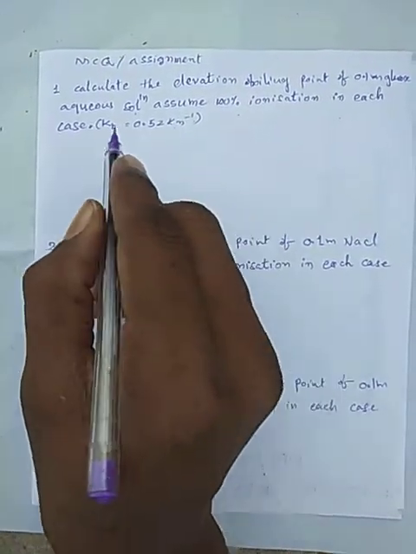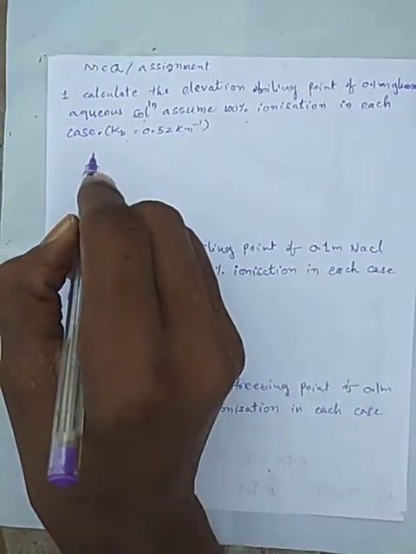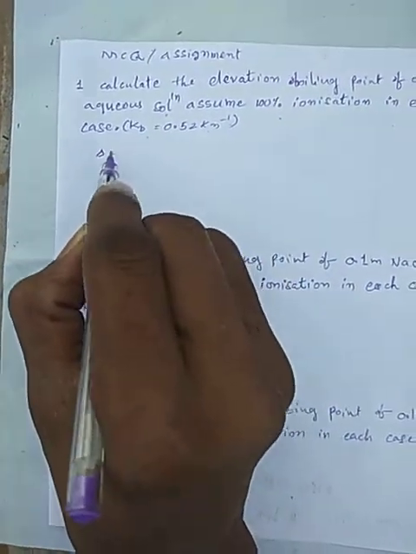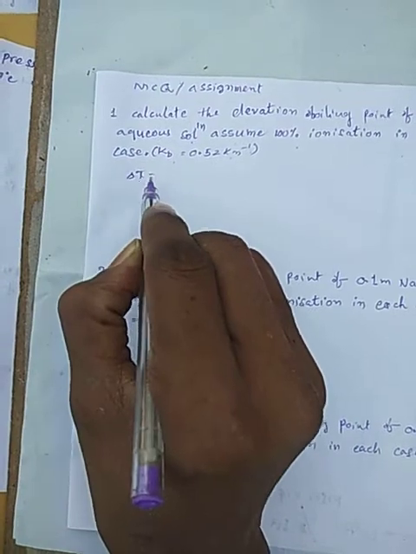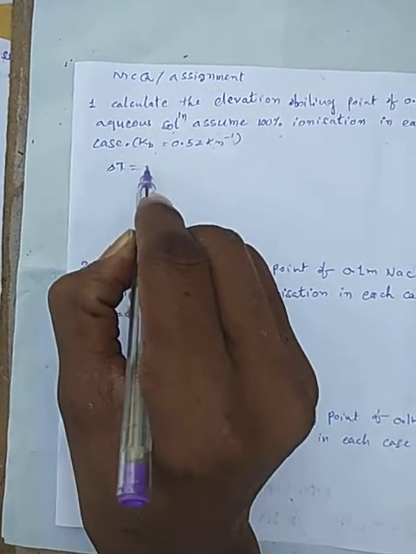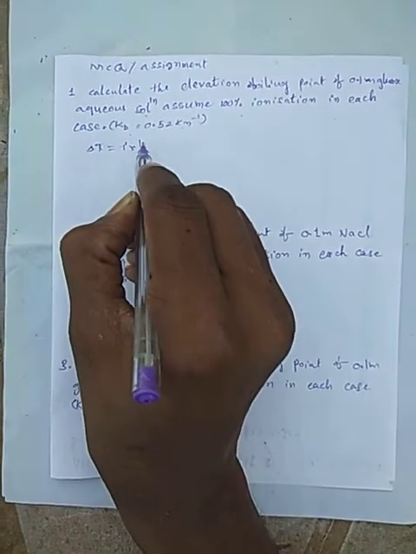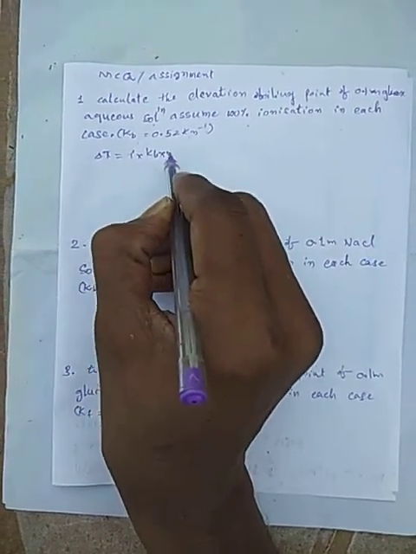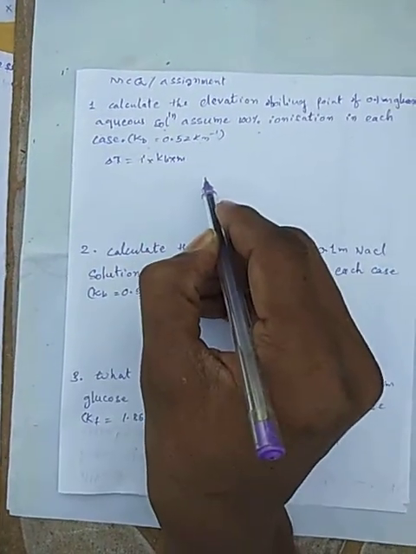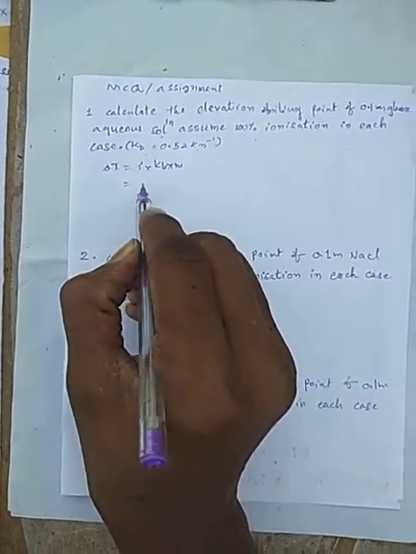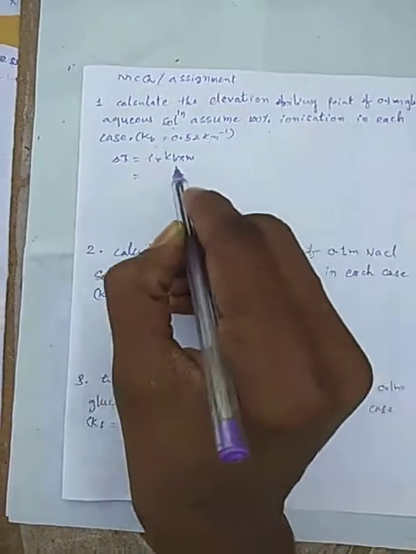Now we can use the formula delta Tb is equal to i into Kb into m. Now i is given, that is glucose. It won't be ionized.